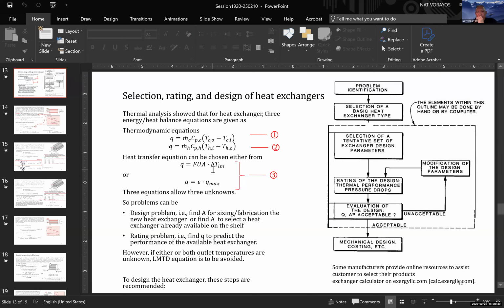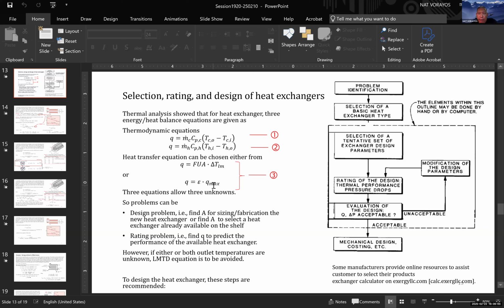And you get an option now for the third equation. You either use the log mean temperature difference equation, or you can use the effectiveness equation, either of them. Somebody found out that they use both of the equations, meaning they end up with four equations.